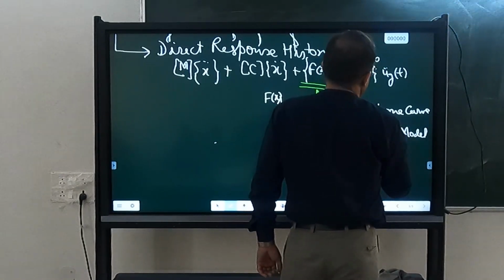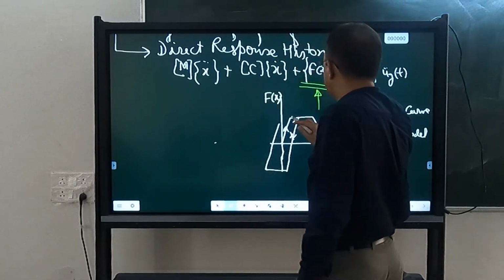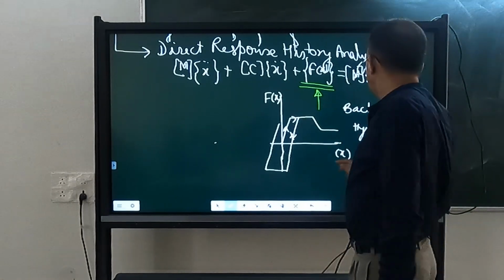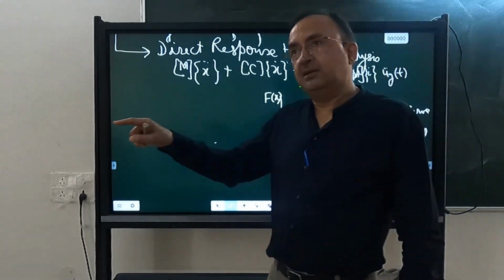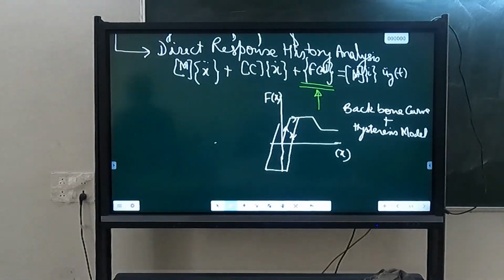These two things are needed. The backbone curve tells how the force will vary with displacement, and the hysteretic model tells how, under reversal of the loading, it will follow the Fx versus X path. These two are needed.